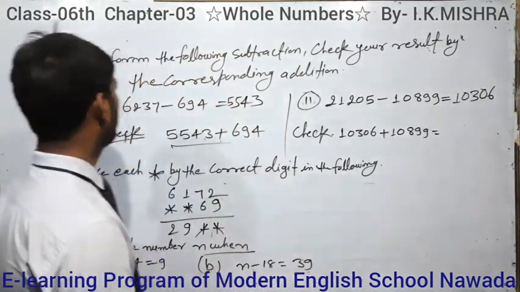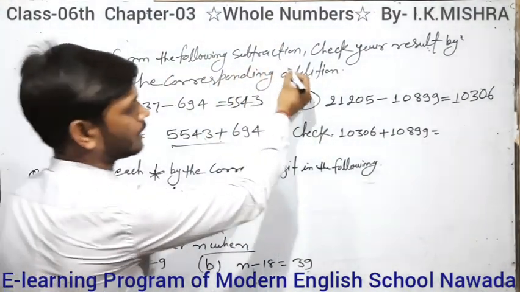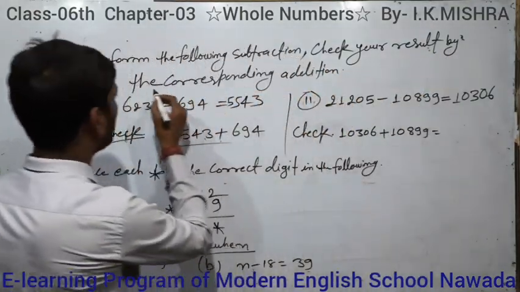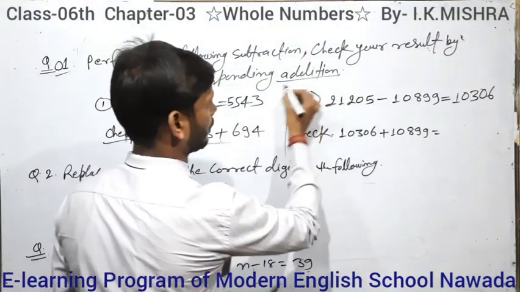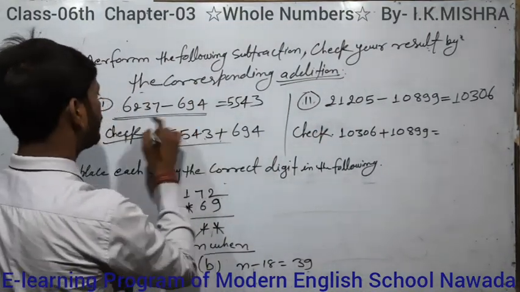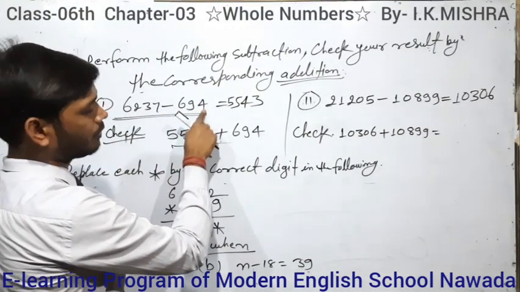Here your first question: perform the following subtraction and check your result by the corresponding addition. Here a subtraction is given, 6237 minus 694.